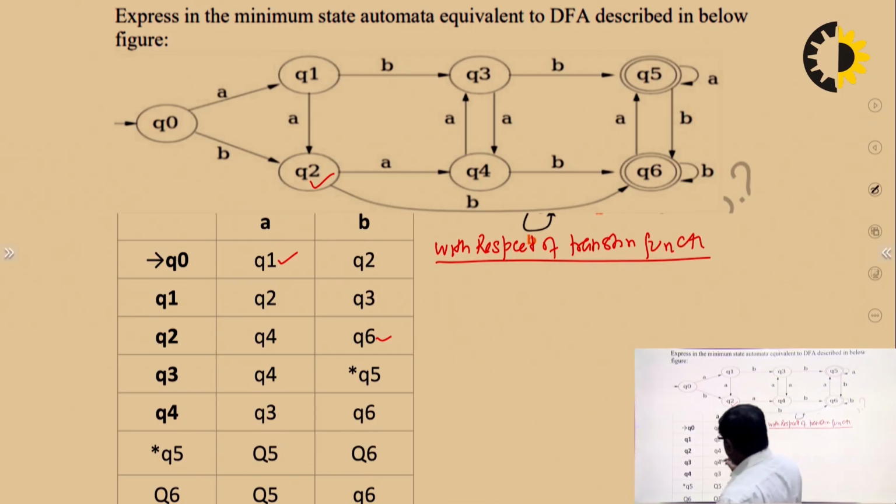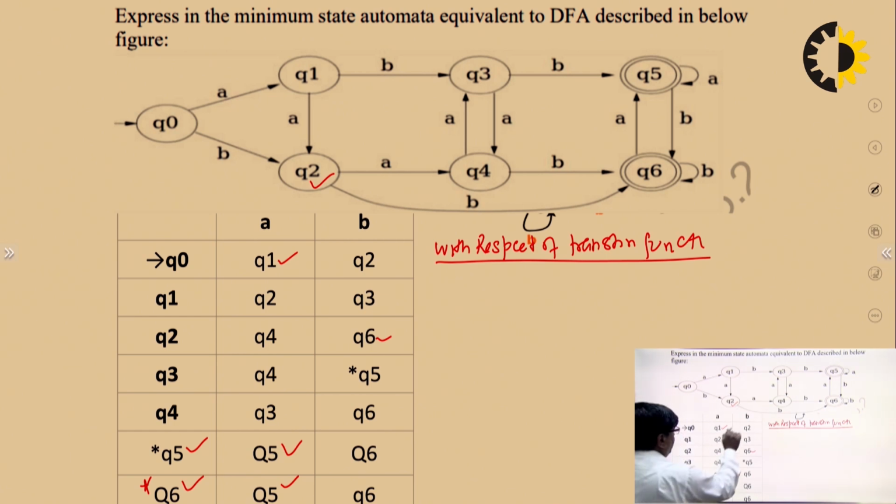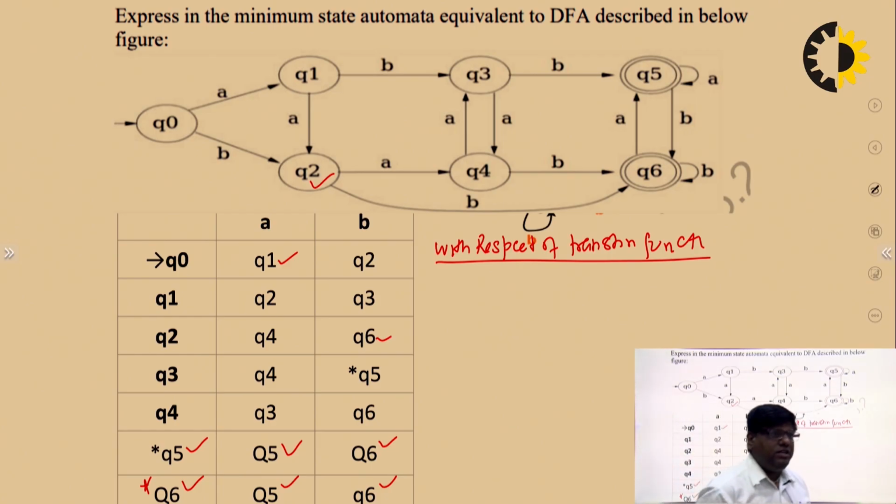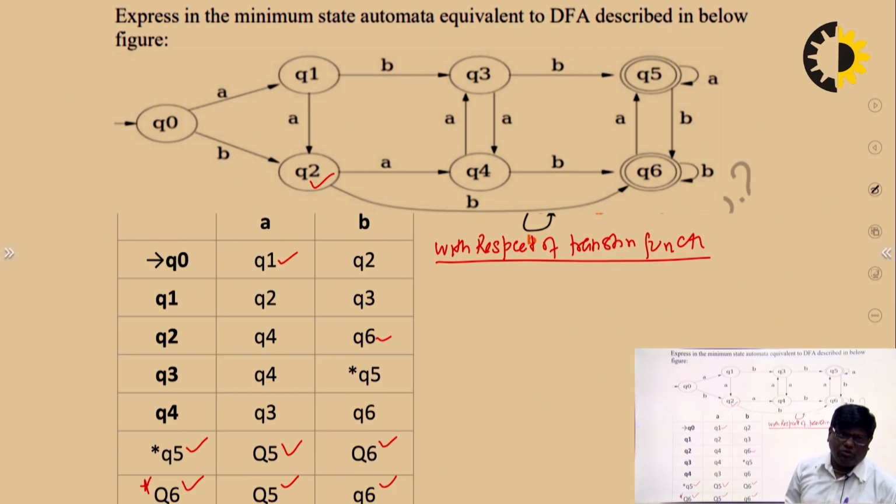Any states which have a similar transition lie in the same group. Now, we check Q5 and Q6. Q5 and Q6 have a similar behavior. From A, both go to Q5, and for the B transition, it is Q6. So Q5 and Q6 have a similar behavior, and they lie in the same group.